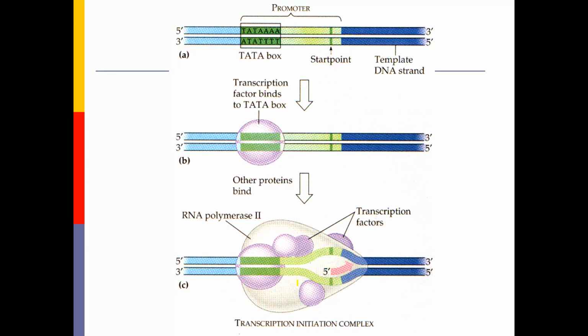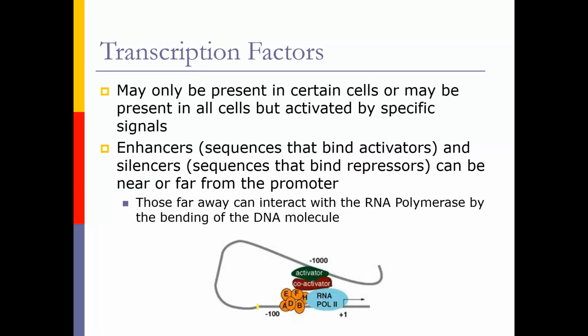Once our transcription factors are in place, then RNA polymerase can bind and copy the gene. Now, the reason cells may do different things is because different genes are expressed, and so that could be because these transcription factors are only present in certain cells. So there's some that are only present in a specific cell type. Others may be present in all cells, but they have to be activated by other chemical messengers or something like that.